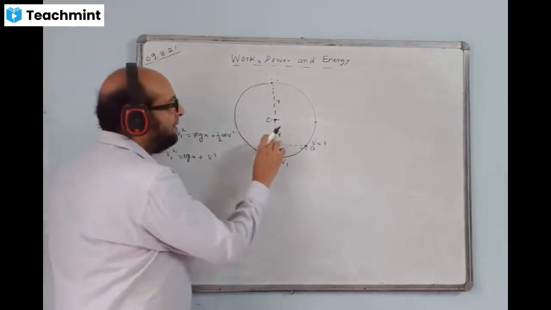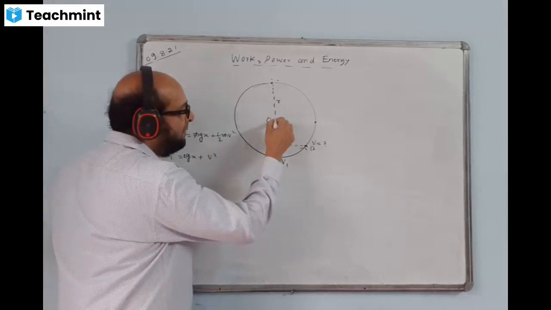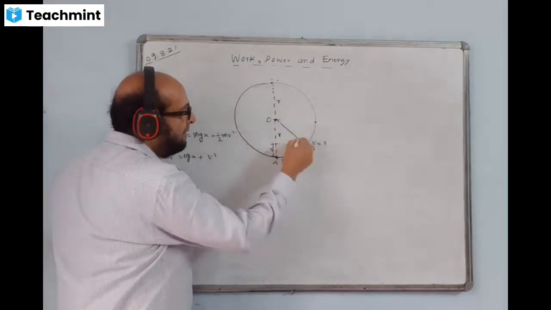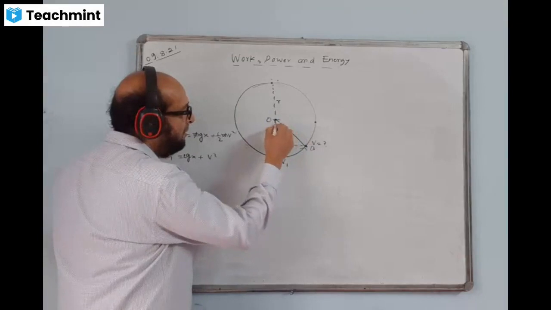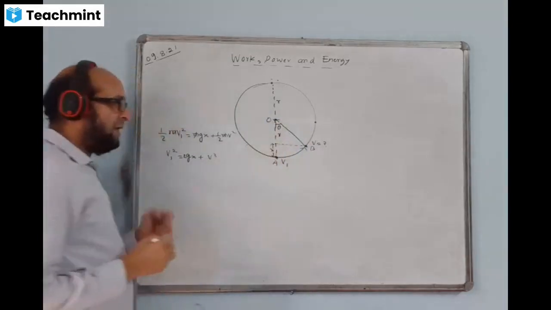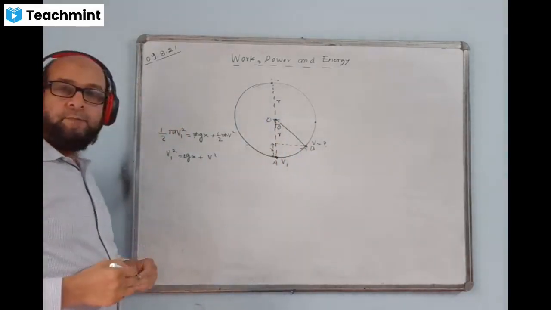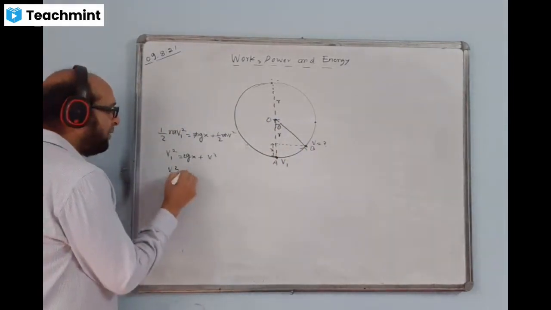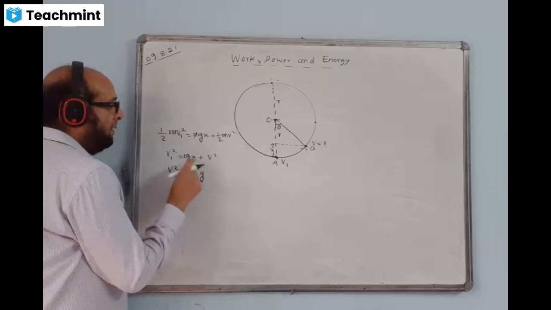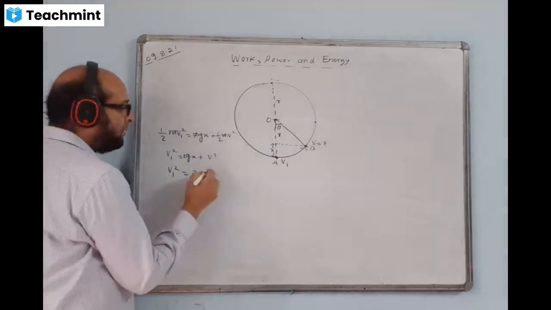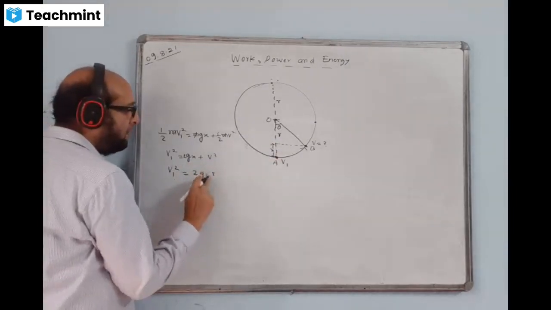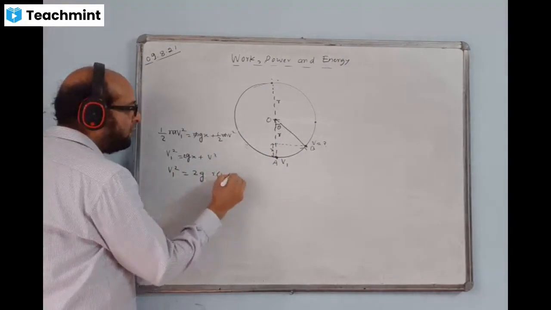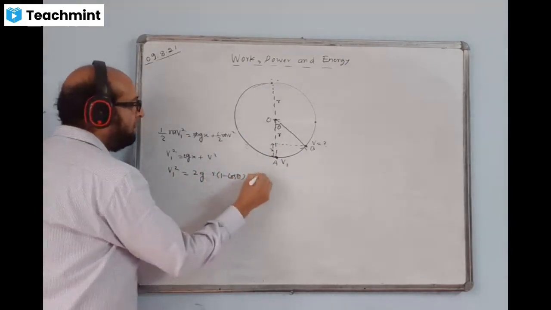To find the value of x, sometimes they will give the angle. This angle will be given, suppose theta. In the next line we can write v1 square is equal to 2g, and the x value will always come as r bracket 1 minus cos theta, plus v square.